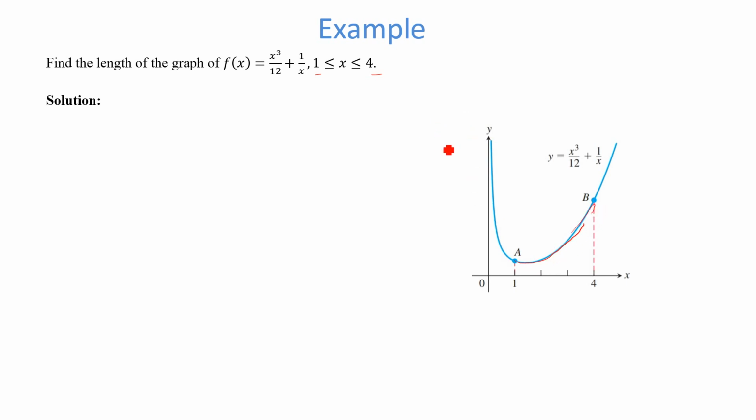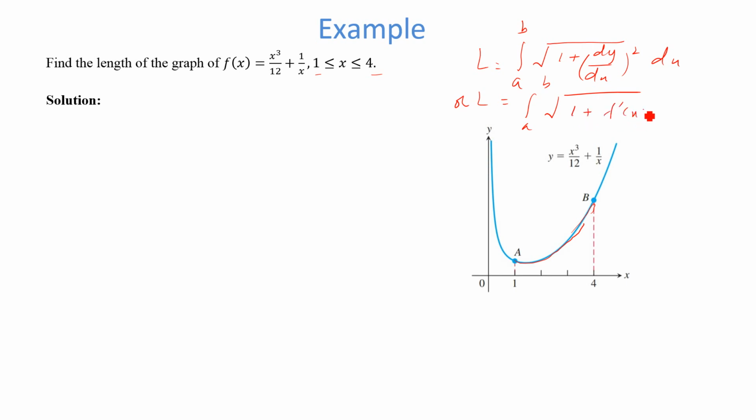Now what we are going to do, what is the formula? First of all, since the function is smooth in the interval, we can use this formula: the integral from a to b of the square root of 1 plus (dy/dx) squared dx, or you can write the integral from a to b of the square root of 1 plus f prime(x) squared dx.